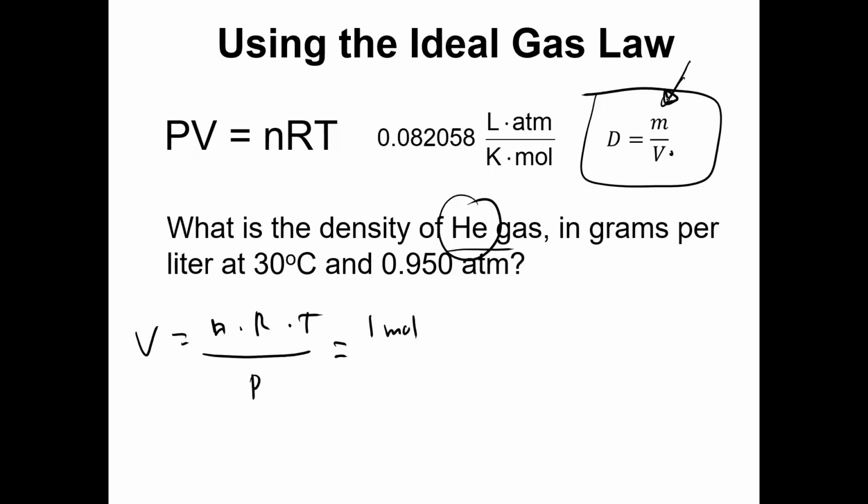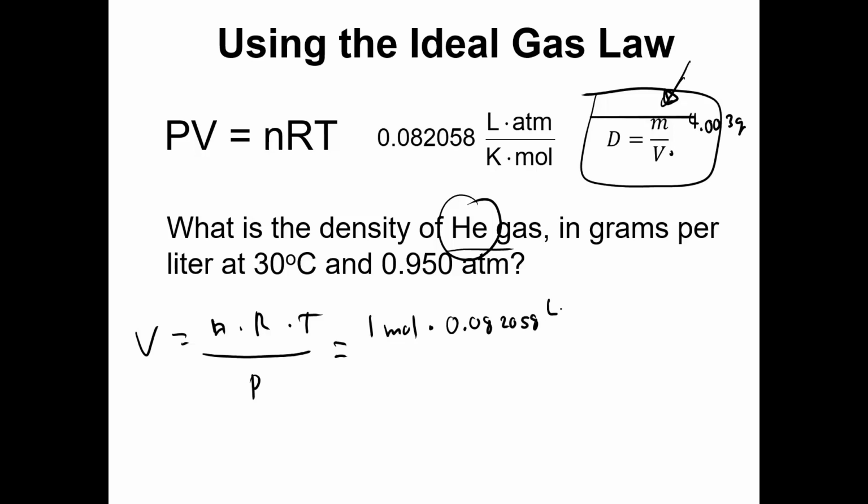That solves my problem of mass, right? Because now if I have 1 mole of helium, I simply go to the periodic table, so I know my mass is going to be 4.003 grams. That makes my life much easier. Then I plug in the ideal gas constant, 0.082058.